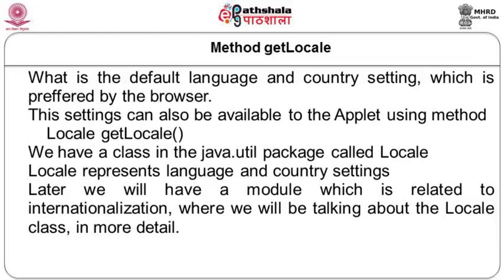So we have this method called getLocale. We have a class in the java.util package called Locale. Locale represents the language and country settings. Later we'll have a module related to internationalization, where we'll talk about the Locale class in more detail, but for our understanding here, Locale represents the language and country preferences of a user, his regional settings.